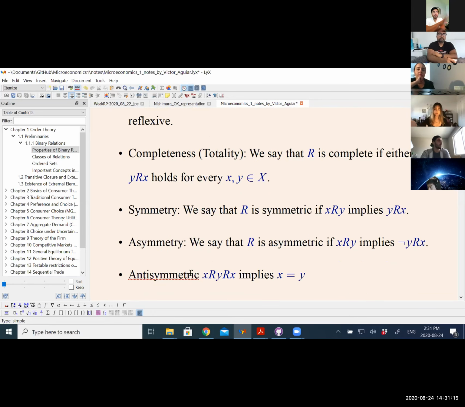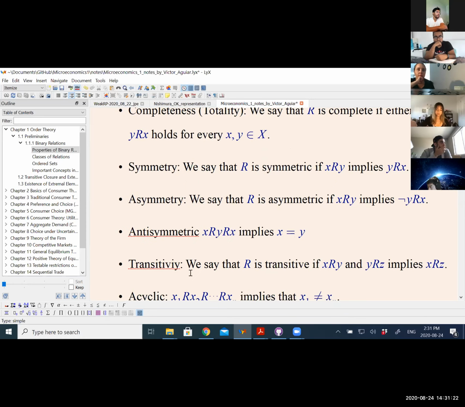I already gave you counterexamples of completeness, right? Previously, the canonical order. Symmetry. Okay, symmetry is a very cool property. It's going to be used a lot because this has to do with indifference and equivalence. We say something is symmetric if x is in relation with y implies that y is in relation with x, okay? A classical example is being in a family relation with someone.